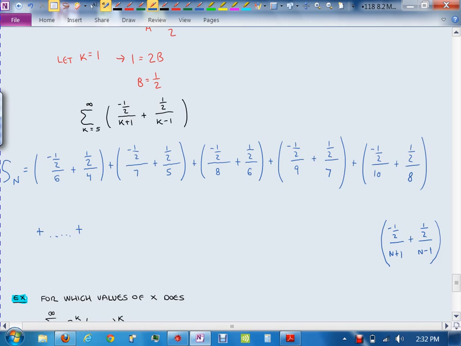Y'all still follow that? Okay, what's the one right in front of this? So what are we plugging in? I'm going to put it up above here. Here's n minus 1. This is what we get when we plug in n. Negative 1/2 over n. Is everyone all right with where that n comes from?